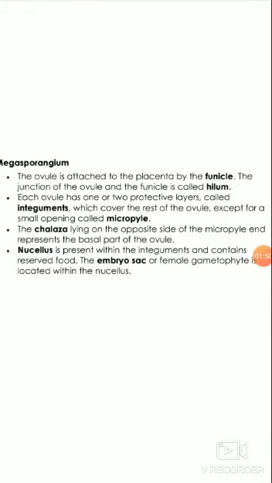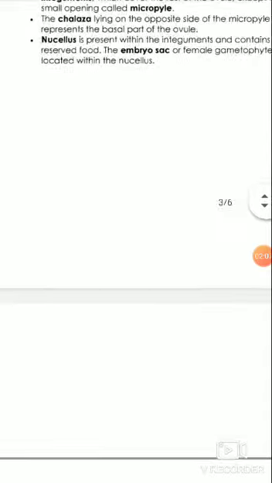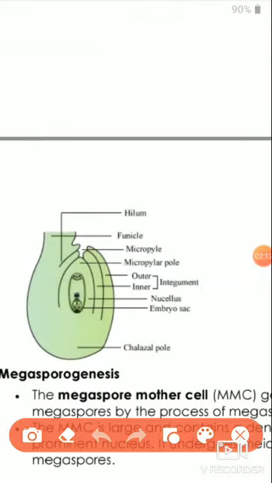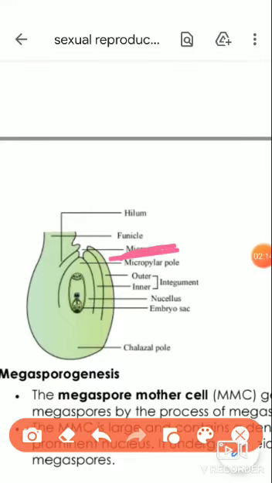Each ovule has one or two protective layers called integuments, that is, outer and inner. These cover the rest of the ovule except for a small opening called the micropyle. This small opening is the micropyle.